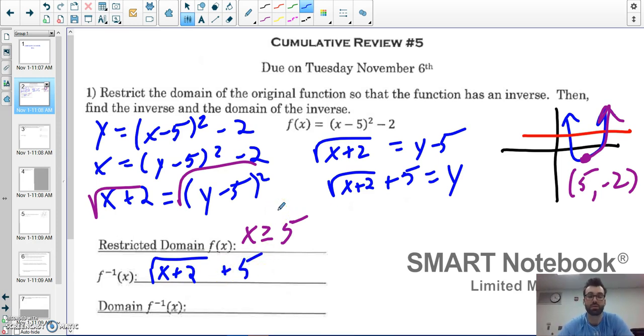Now I also have to restrict the domain of my inverse. In order to do that, I want to think about my starting point and how this shifts. If it's on the inside, we do the opposite. It shifts 2 units to the left, and up 5. So I want my x values to be greater than or equal to negative 2, since my function shifts 2 units to the left.